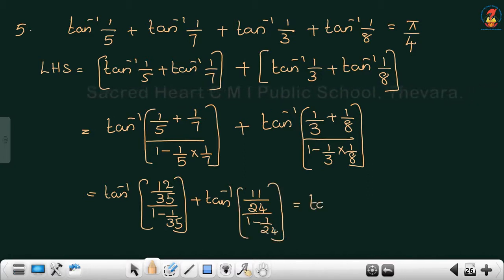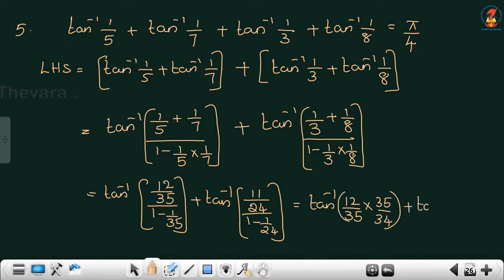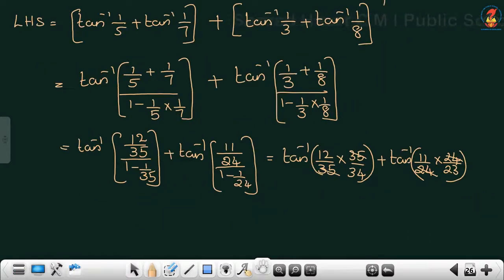So that's equal to tan inverse 12 by 35 into 35 by 35 minus 1 is 34, plus tan inverse next bracket 11 by 24 into 24 by 24 minus 1 is 23. 24 cancel, 35 cancel.